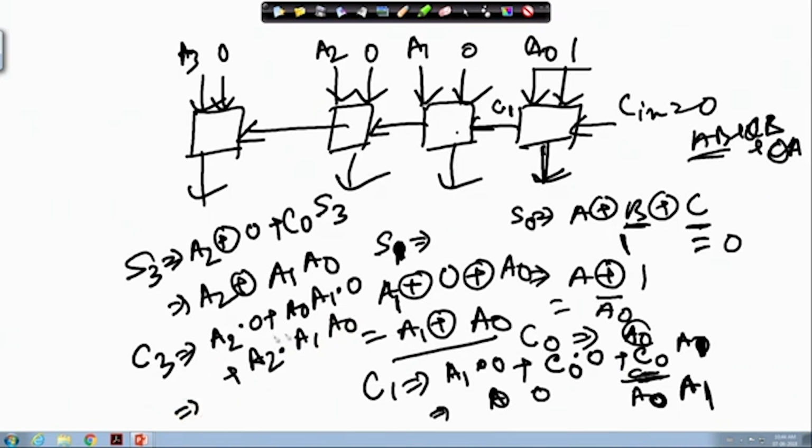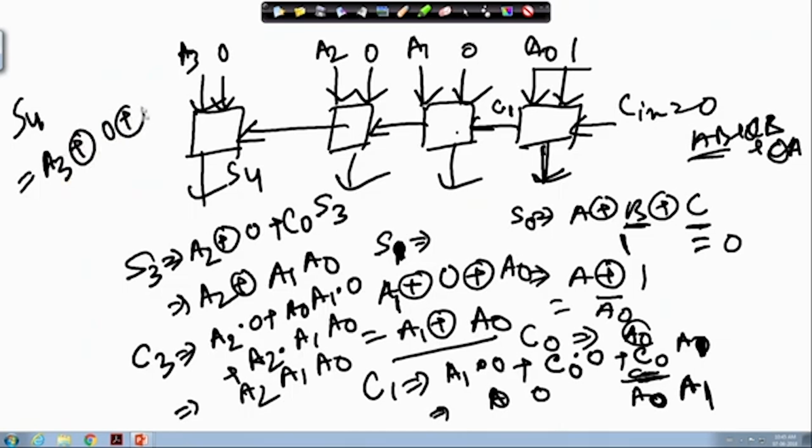So, the C2 value is A2 A1 A0, correct. Now if I want to find out the S3 value, it will be A3 XOR with 0 XOR with C2, that is A2 A1 A0. So, I write this as A3 XOR A2 A1 A0.